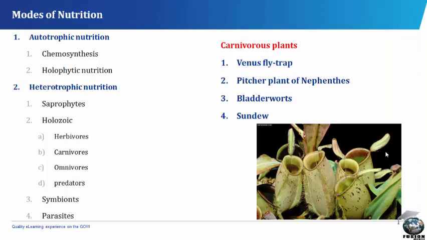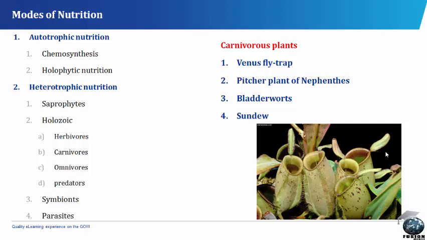Modes of nutrition. There are two modes of nutrition, which include 1. Autotrophic nutrition and 2. Heterotrophic nutrition. Autotrophic nutrition involves those organisms that manufacture their own food from simple inorganic materials. Types include 1.